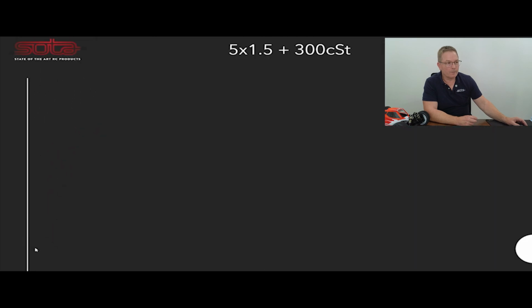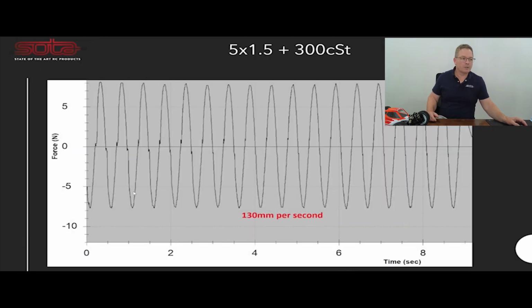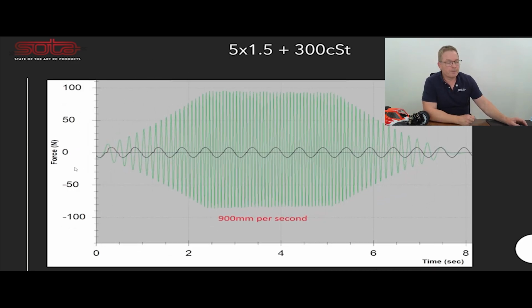All right. This is what the results give me. So in the 130 per second, we're sitting about 800 grams of force, which is not a lot, but when you think the corner could be 800 grams, you're still coming close to actually lifting. But that's about typical. 900, and this is still the 130.